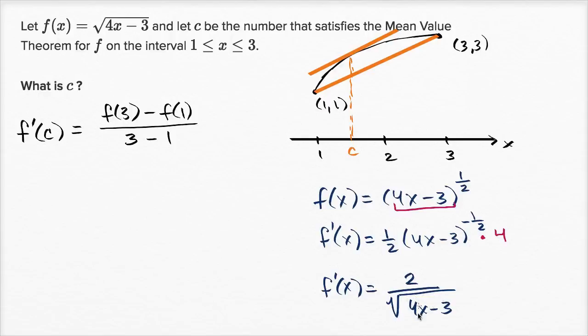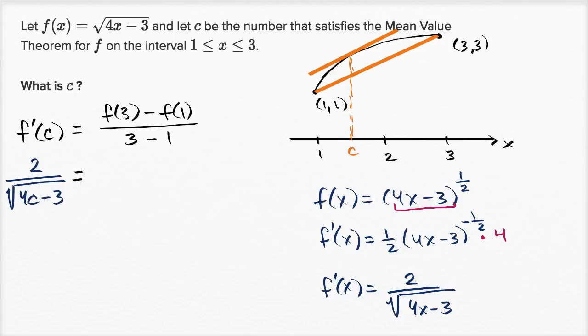So we're going to put it in the denominator right over here. And so f prime of c, we could rewrite this as 2 over the square root of 4c minus 3. And what is that going to be equal to?